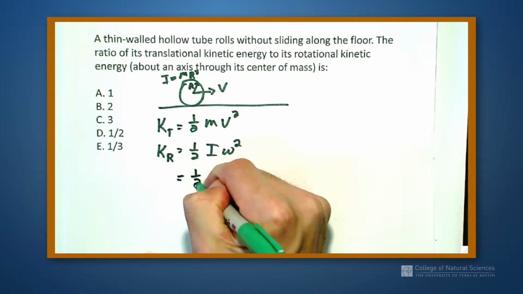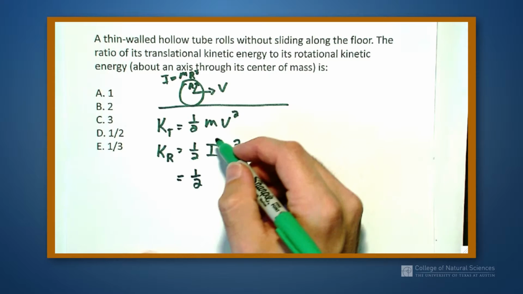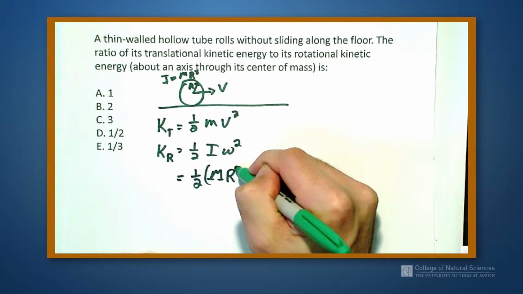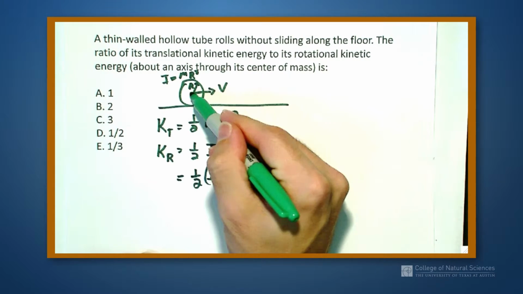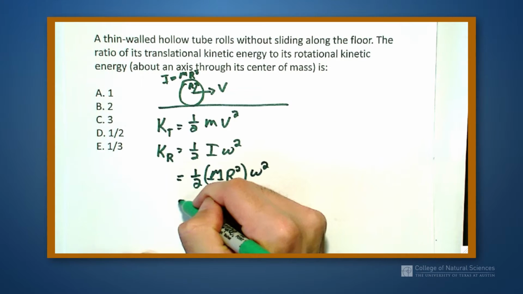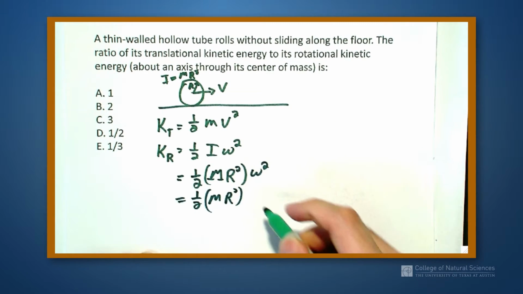So I know that the rotational kinetic energy is 1/2 times my rotational inertia. It's mr squared, since I'm rotating this thing around the center of mass, and I need to know what omega is, right? I have omega squared.